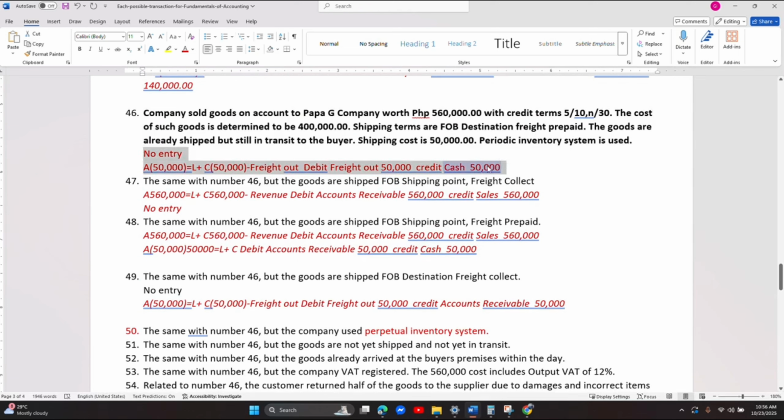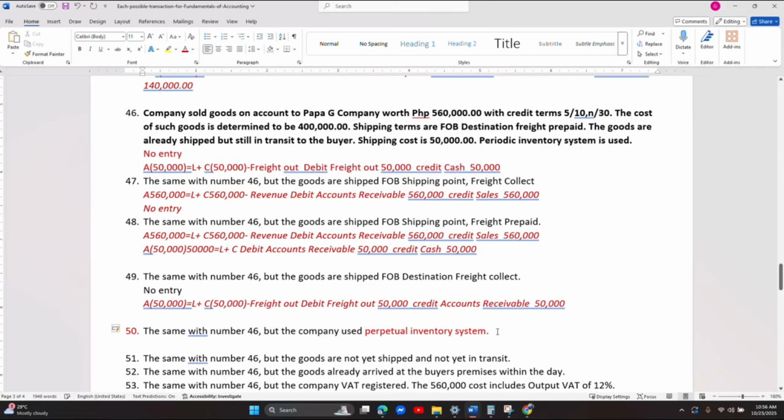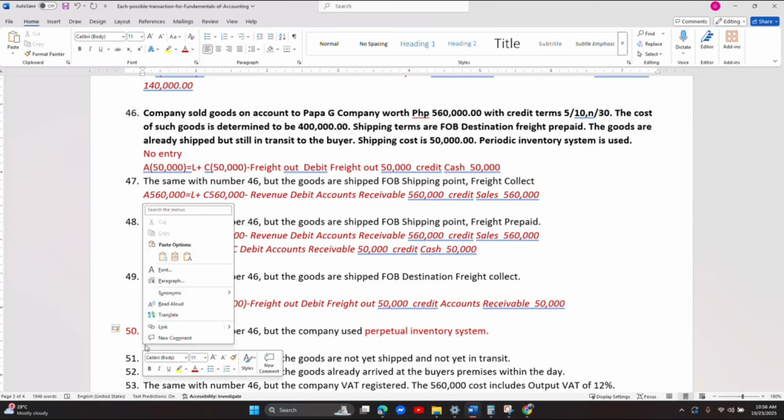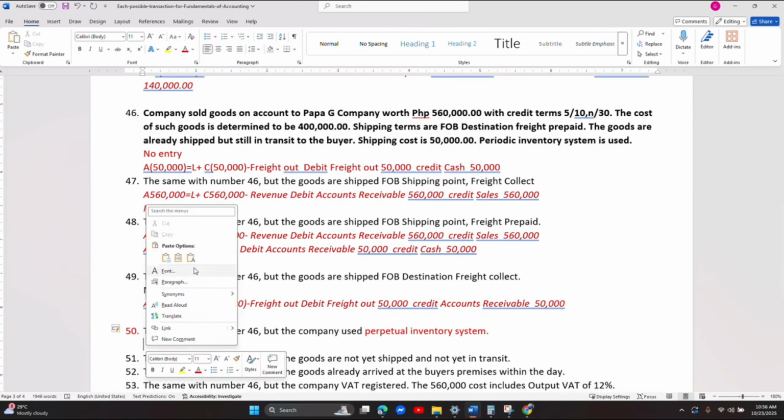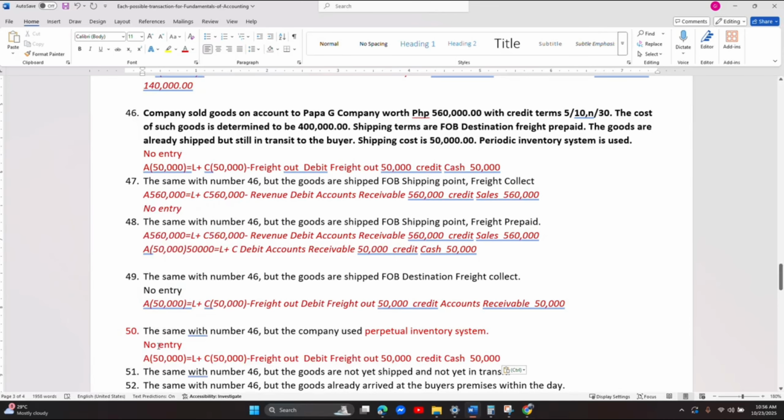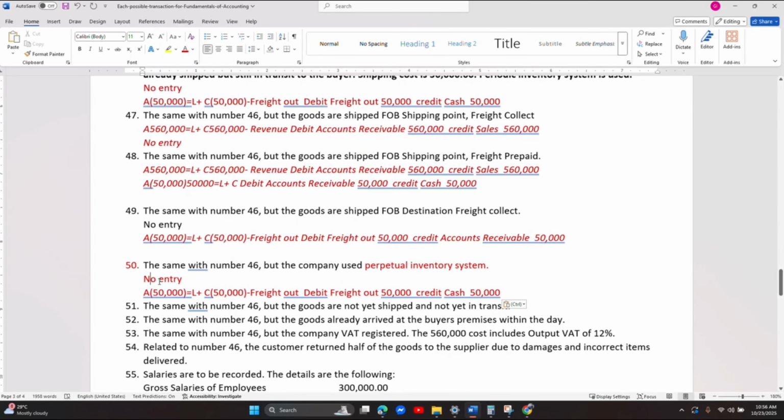This one, no entry because that is FOB destination freight prepaid. But if there should be an entry, like for example, in this number 48, there is an entry debit accounts receivable 560 and credit sales 560.